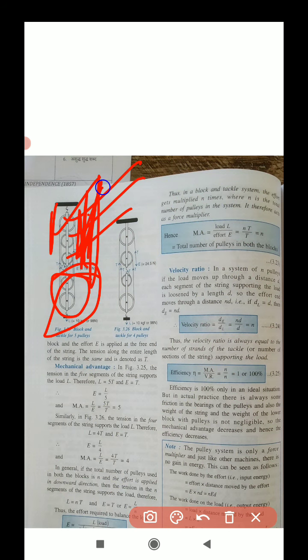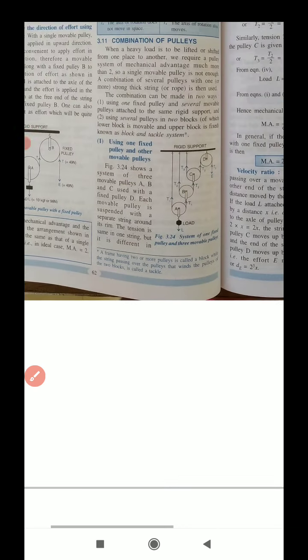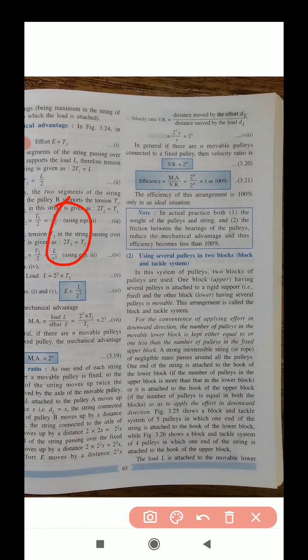Above can be more, but the below movable pulleys cannot be more than the fixed ones. That is the reason for convenience, you have to remember this thing. Once again I am reading this: the number of pulleys in the movable, below, is either equal or less than the pulleys in the fixed upper block.